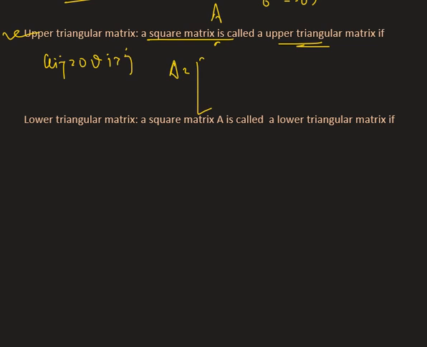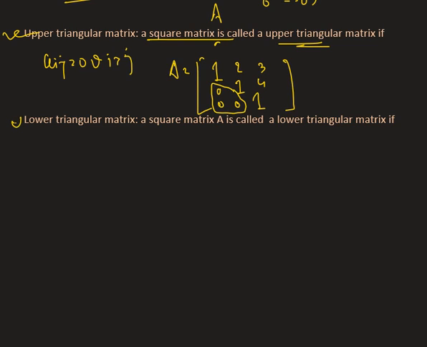You can visualize this as a 3 cross 3 matrix with the diagonal elements 1, 1, 1, and here we have 1, 2, 3, here we have 4, and all the other elements are 0. So this is the main diagonal 1, 1, 1, and all the elements below the main diagonal are 0.